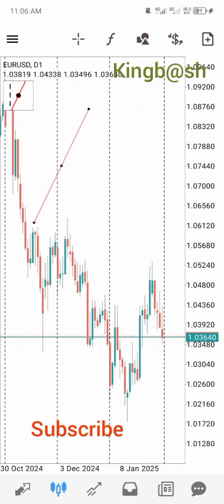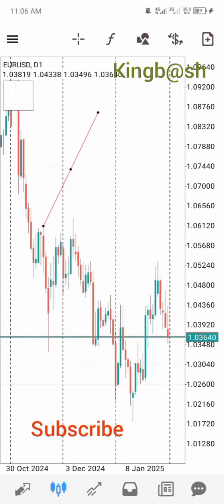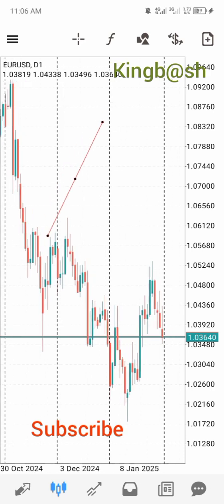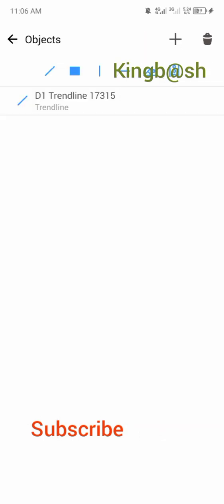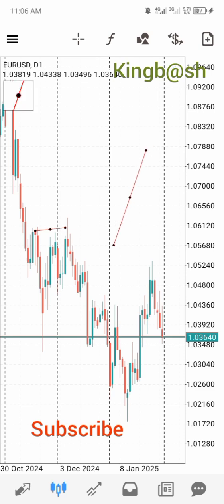So you can see price came here, created a high, and price swept this high. And you also know that price attacks liquidity, which is very important in the market. So here price makes the high and price swept the high. After sweeping the high, price broke down.